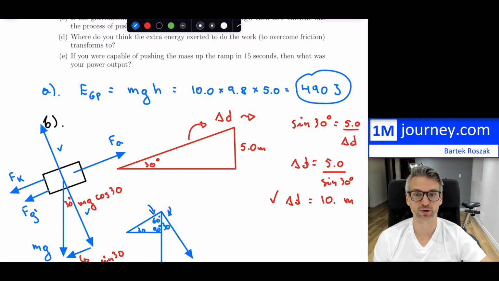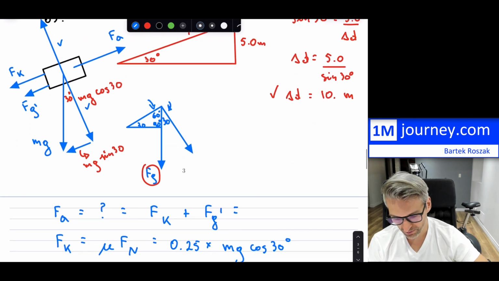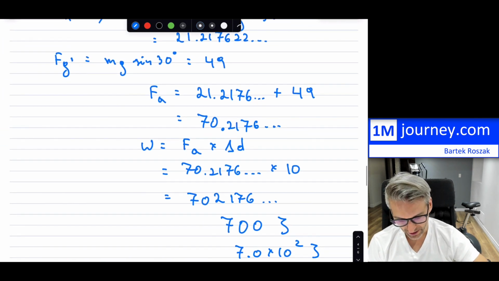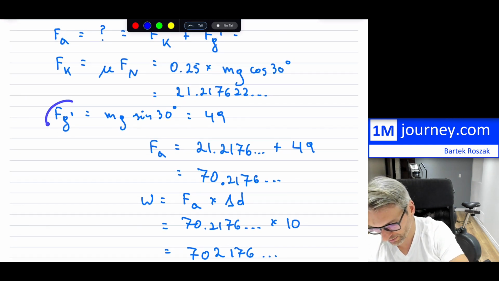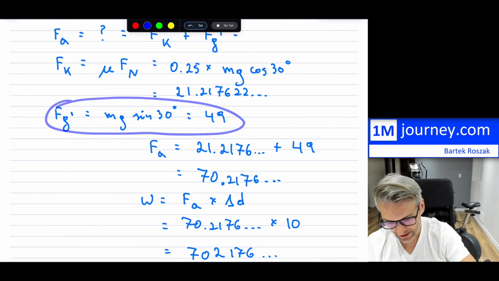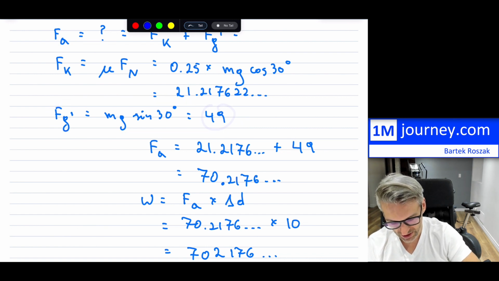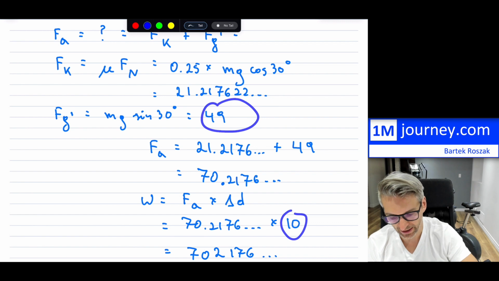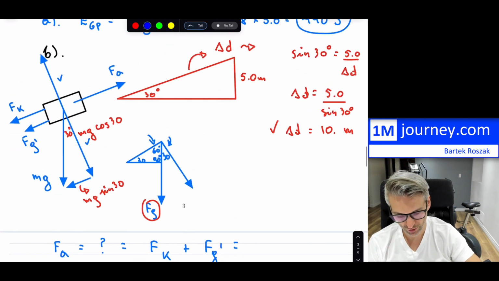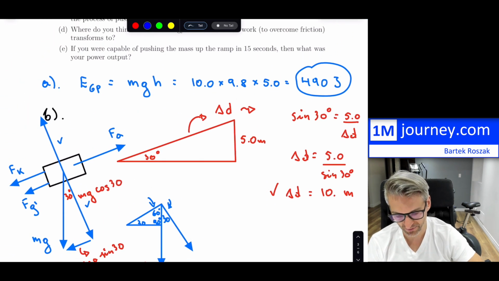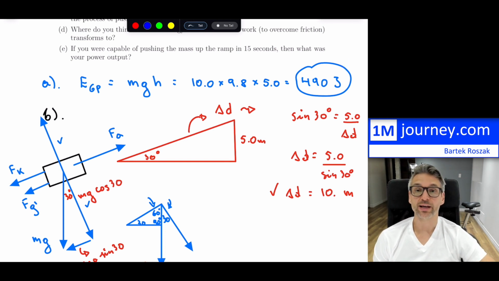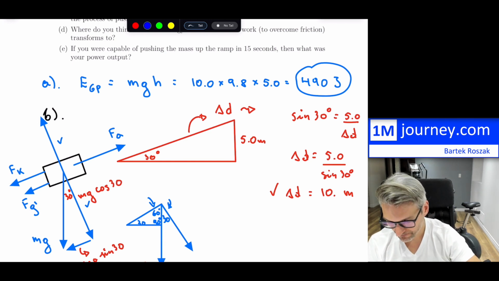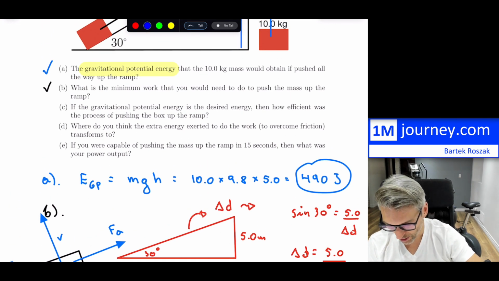In fact, you can see that here, because we would just have to overcome this force, which is 49, and the displacement was 10, which is 490 joules of work in total. That would have been the same as we had here. But because of the force of friction, we unfortunately have to do more work to overcome that. Okay, so that is part B.